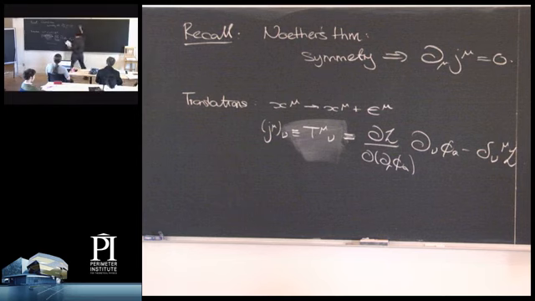OK, let me give some more examples. The examples I'm going to talk about now are called internal symmetries, or sometimes global symmetries. The word global here is to distinguish them from gauge symmetries, which we'll come across later in the course.